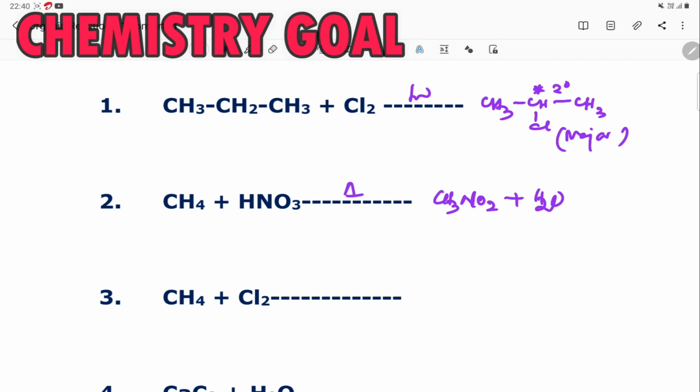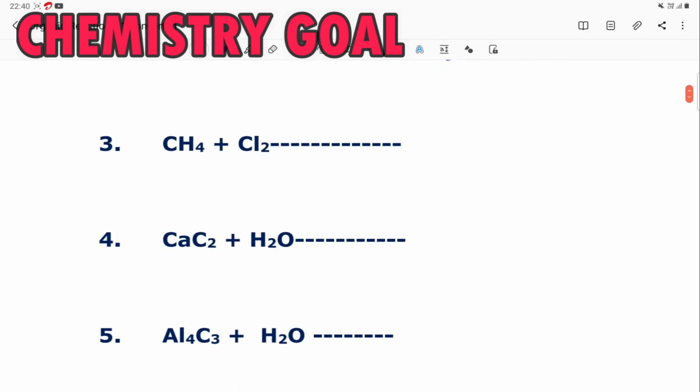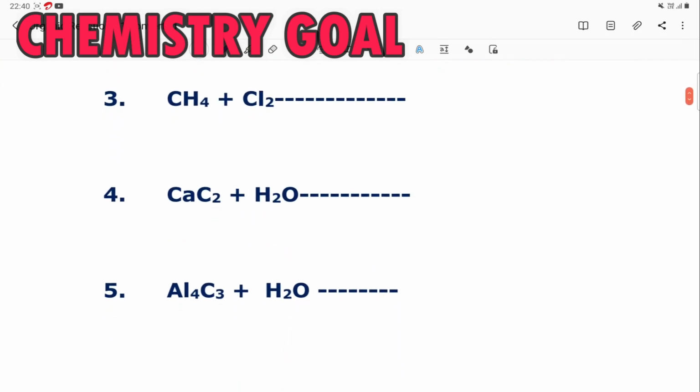Okay, then next question, methane plus chlorine. This also takes place in presence of sunlight, that is light. What are the substitution products? Different substituted products. First CH3Cl, then if two hydrogens are substituted it produces CH2Cl2. If three hydrogens are substituted it produces CHCl3.